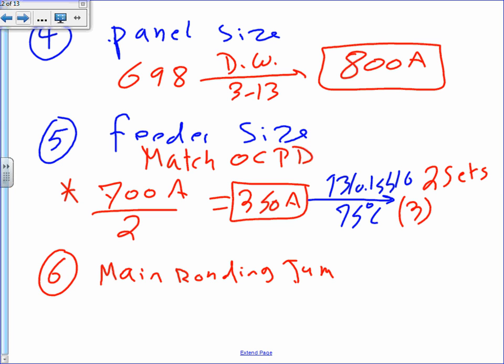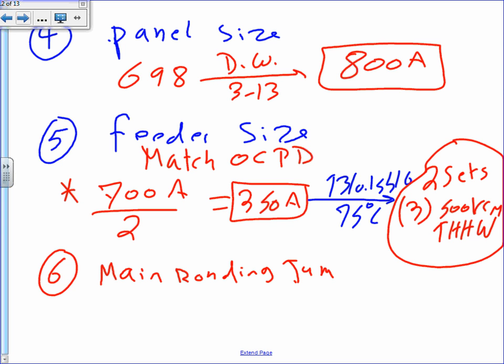What's the size? 500 kcmil. What insulation? THHW. Let's say W this time to be different. Cool.